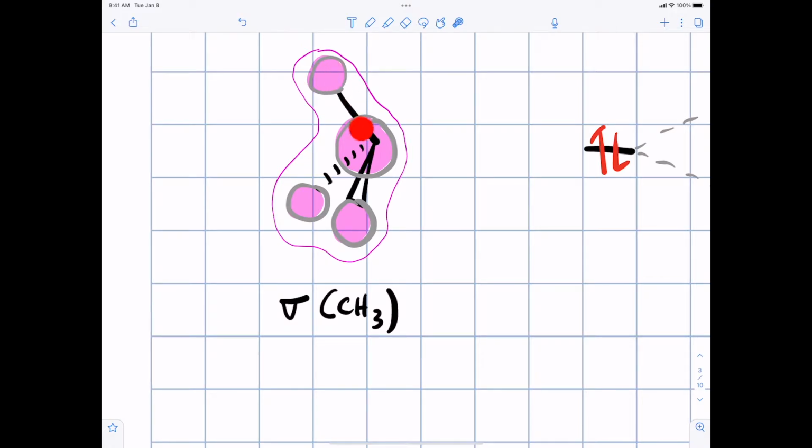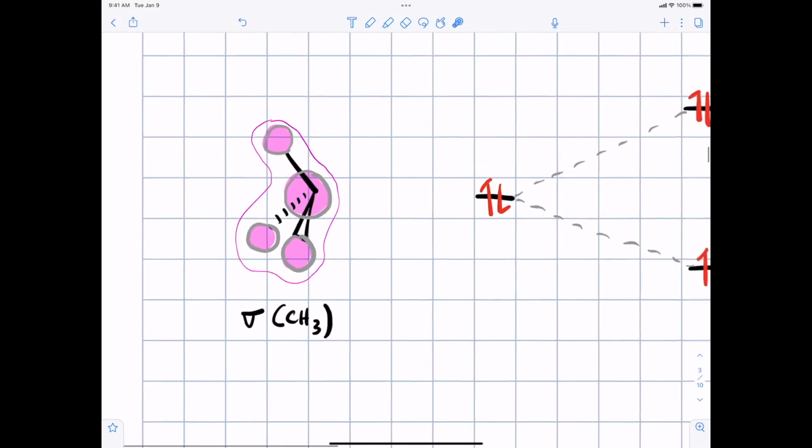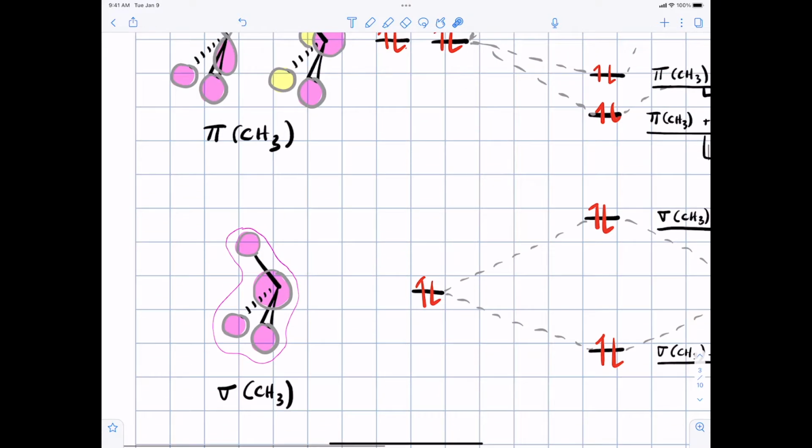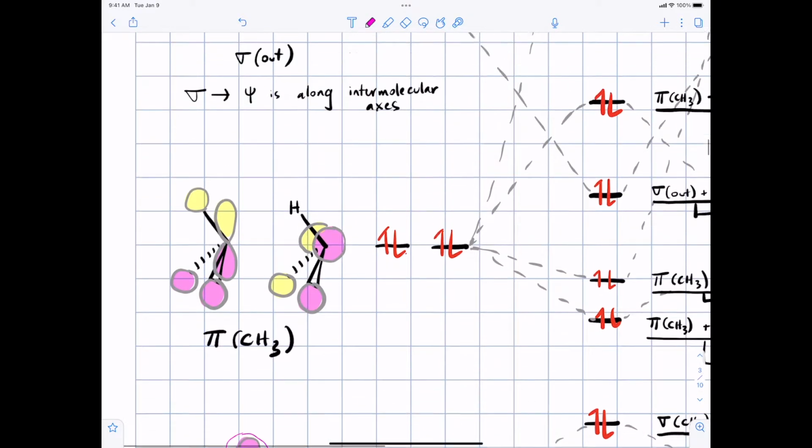So this is sigma, and it would resemble a sigma bond. When you think of a sigma bond, you think of just a straight line between two nuclei, electrons held in between the two nuclei. So that's sigma we're using to describe more of a geometry or a symmetry than any particular bond.